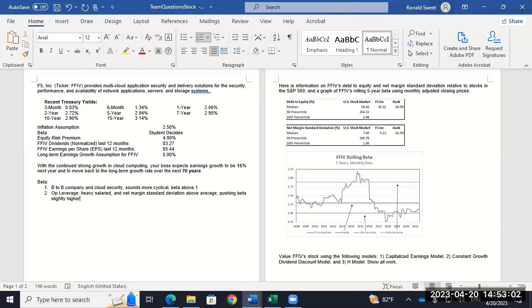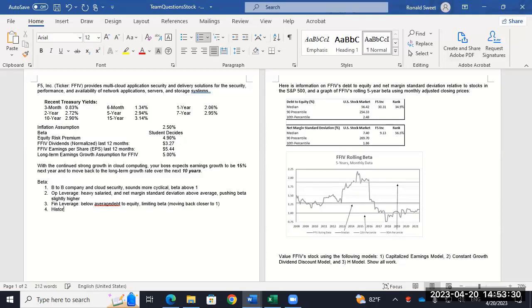It's not way off. Financial leverage, it's below average, right? They were ranked 34th, 30% debt to equity, below average debt to equity, limiting beta, moving back closer to 1.